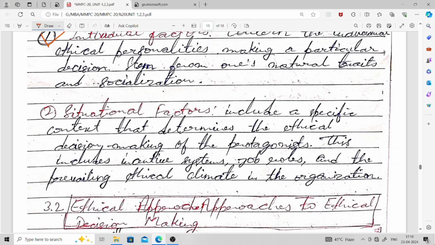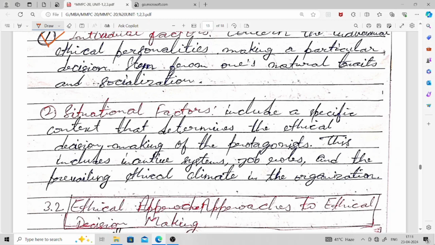Situational factors may be the job roles, meaning what kind of job roles are present in the organization, and the prevailing ethical climate, meaning what kind of ethical climate is present in the organization. Just like in some organizations it is normal to be unethical, so in those organizations decisions will be made in that way.